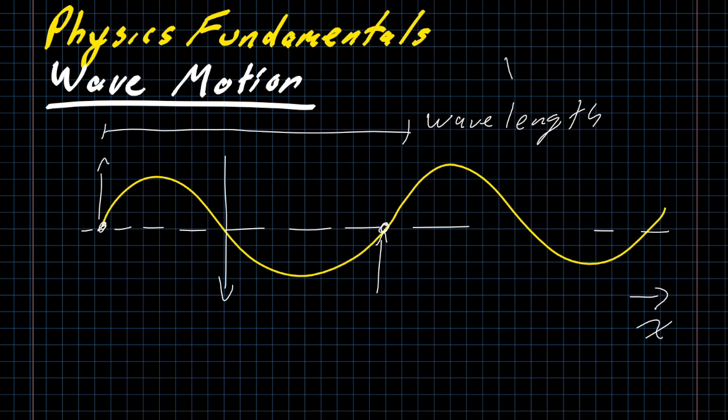And the variable for wavelength is almost always a lowercase Greek letter lambda. Because L doesn't quite make sense, it's not a physical length, it's a length of something that is a little bit more ephemeral.